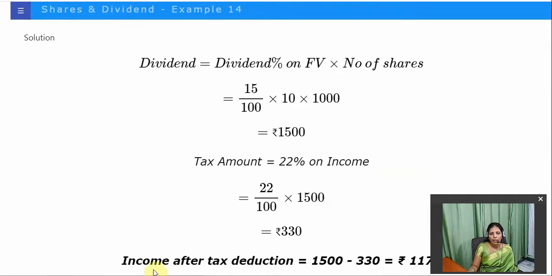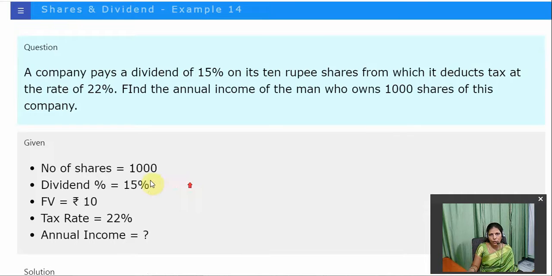Now income after tax deduction is equal to 1500, that is his dividend, that is his annual income, minus the tax. So it is 1170, right? Clear?